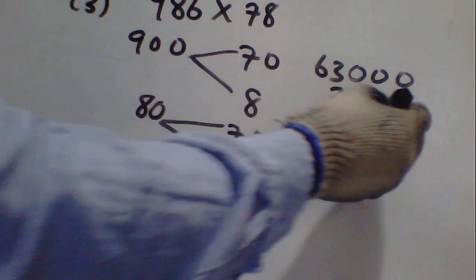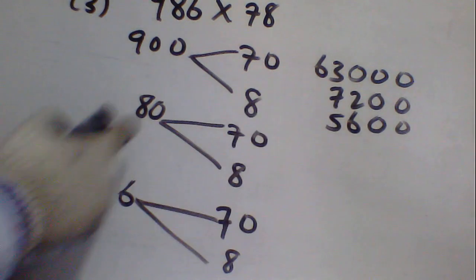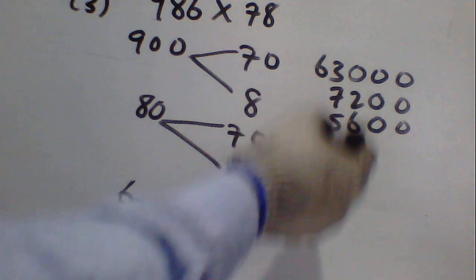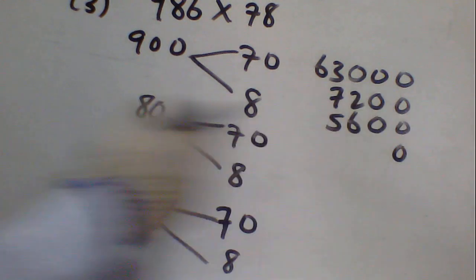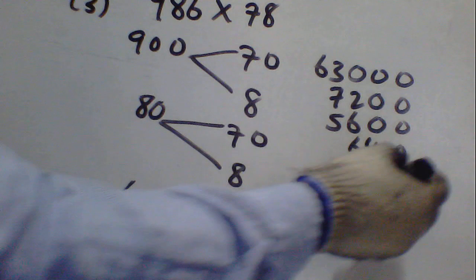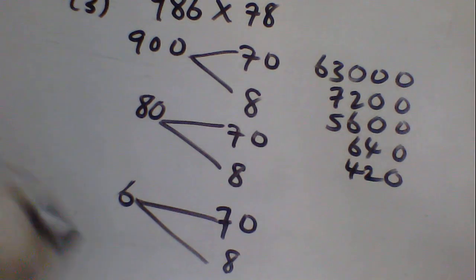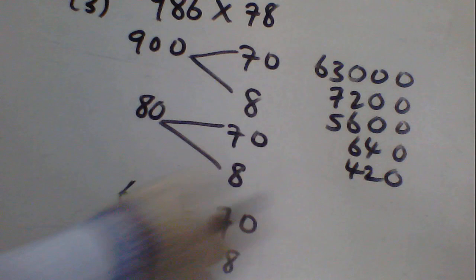How many zeros? 2. I add them from the back. 7 times 8 will give us 56. 80 times 8, I have 1 zero. So 8 times 8 will give us 64. I have 1 zero here. 6 times 7 is 42. Very easy. 6 times 8 will give us 48.